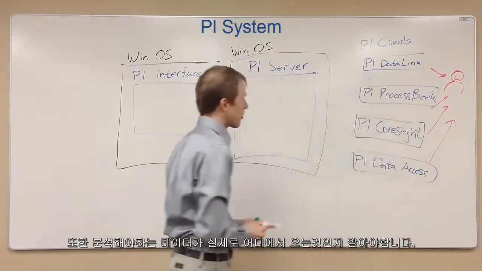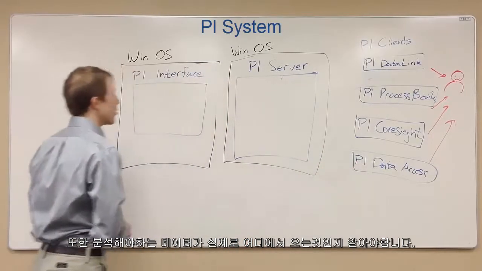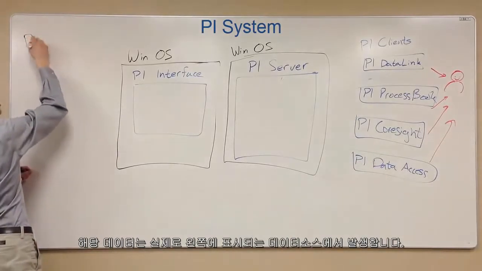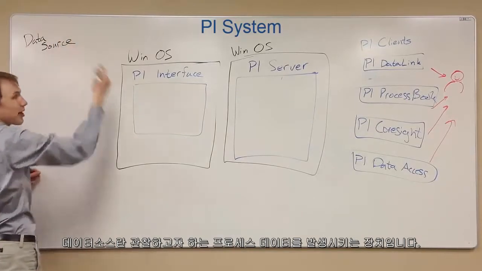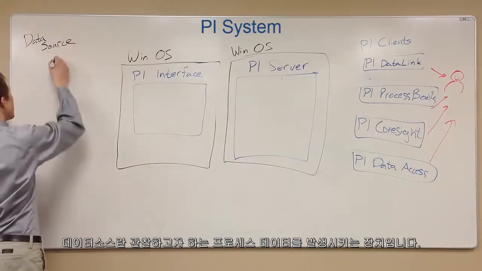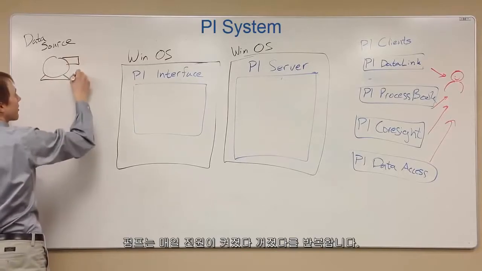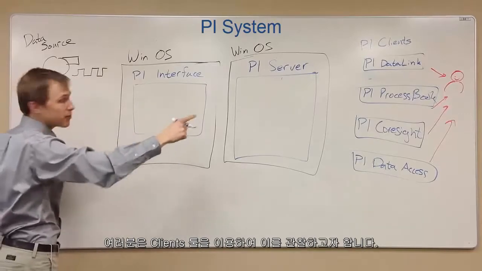But we also have to remember, where's the data coming from that they actually want to analyze? That comes from way over here on the left, from data sources. So data sources, I'm referring to here anything that makes some kind of process data that you want to see. Maybe it's a pump that turns on and off every day. And you just want to be able to see that through one of our tools.